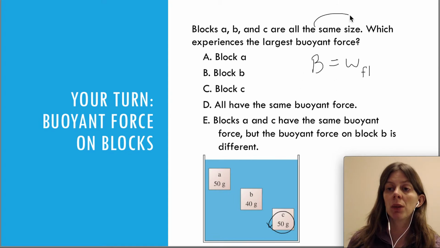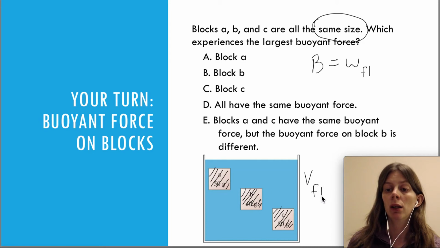So this comes into play here, the fact that the blocks are all the same size. If these 3 blocks are all the same size, can you see that they're all pushing the same exact amount of water out of the way? They're all displacing the same V fluid, the same amount of water.